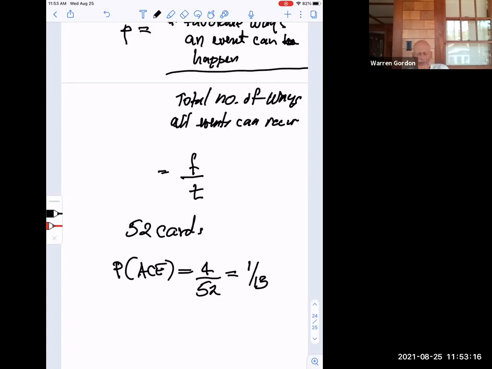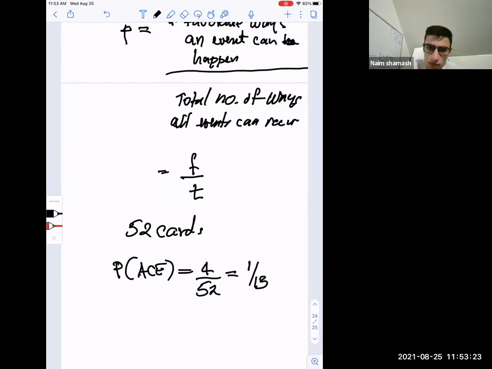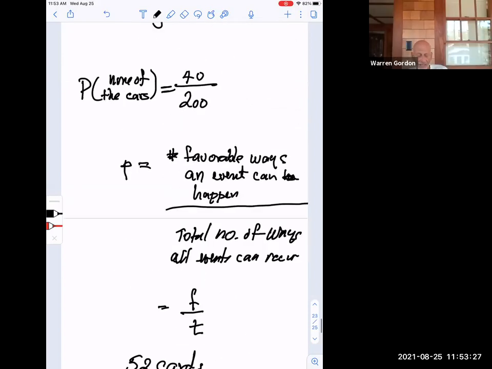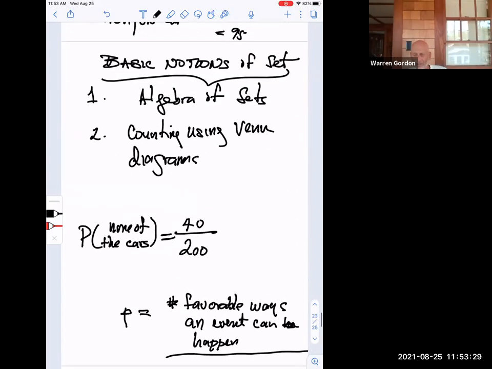So the point I'm trying to make is, in order to compute a probability, we have to know how to count. Now, the first examples I considered here were using Venn diagrams. Sometimes problems are more complicated, and we need more powerful ways of counting. And that's what I'm going to do next.